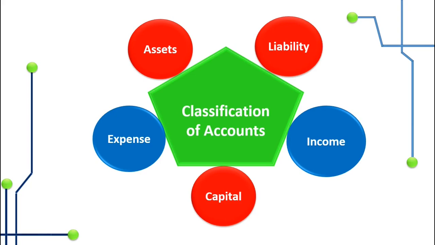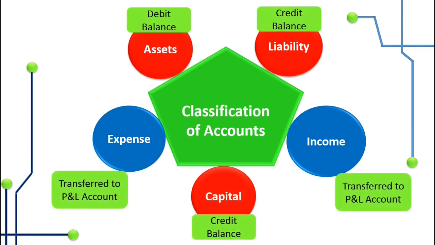Asset account will always show a debit balance, whereas liability and capital will show credit balance as their opening balances. And as has been discussed earlier, the balances of expenses and income accounts are transferred to the profit and loss account, and these accounts are closed at the end of the year.